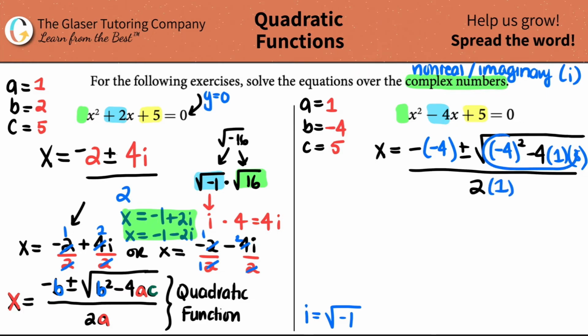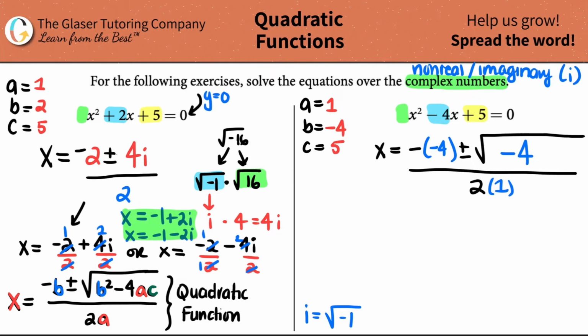Okay, we always clean up under the radical first. Negative 4 squared is 16. So I have that going for me. Minus 4 times 1 times 5. 4 times 1 times 5 is 20. So I have a minus 20. Clean this up. 16 minus 20 is a negative 4.